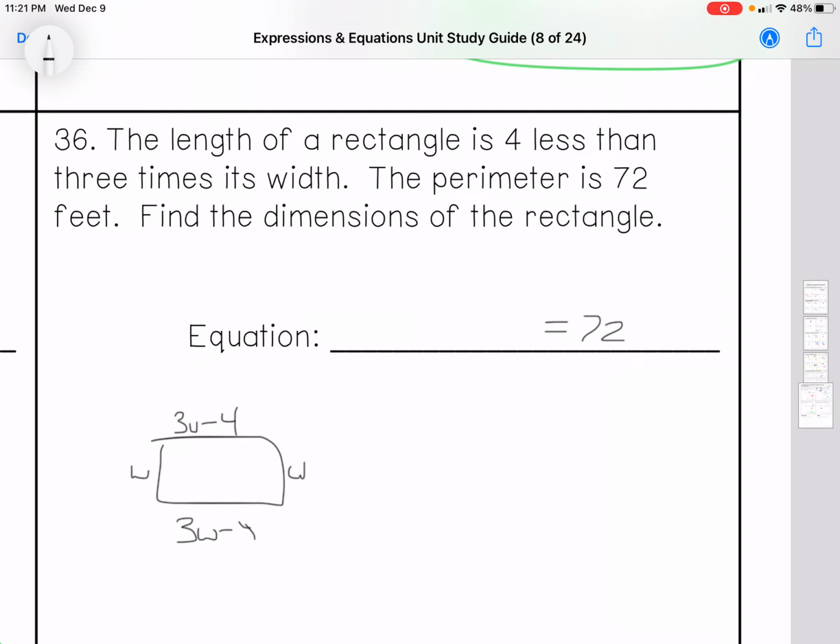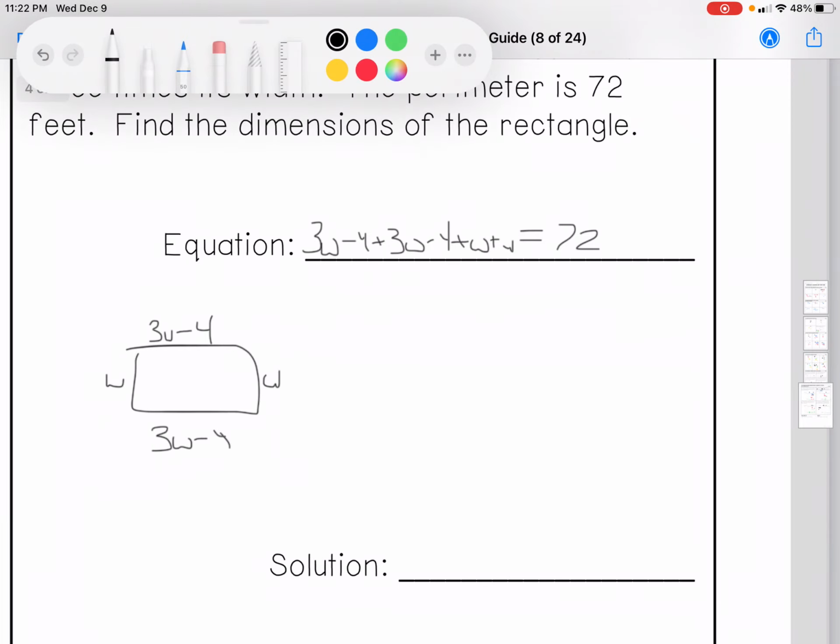w and w. So the way that we would write that, you could write it one of two ways. I'm going to write it this way. Okay, now solve all of that.